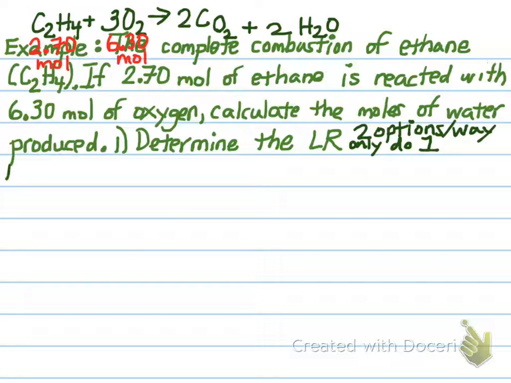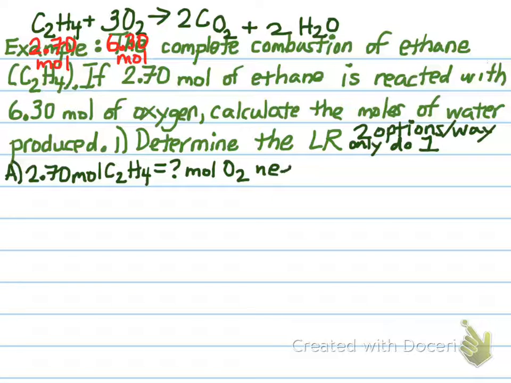So, option letter A. I can take my 2.70 moles of C2H4 and figure out how many moles of oxygen I need. Now, I'm going to do moles because my reactants and products are both in moles.